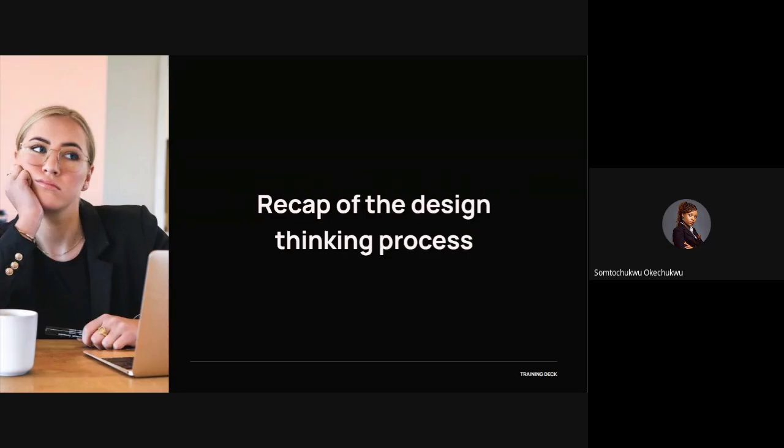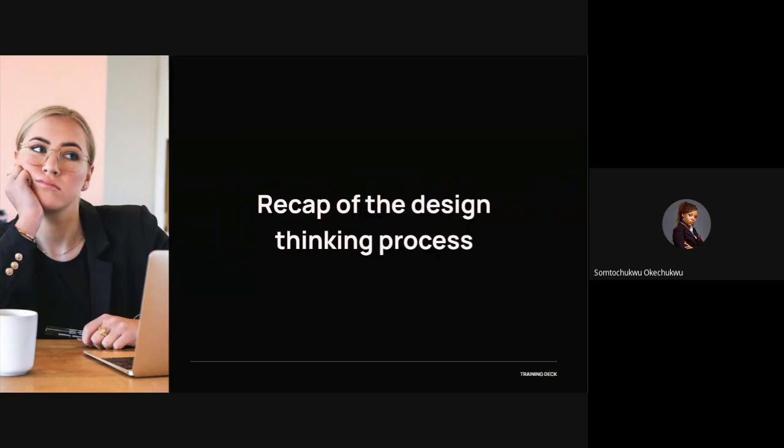So you all were right, it comes in at the empathizing stage. But if you remember what I mentioned when we were explaining what the design thinking process is, the first thing about it is that it's an iterative process. If I say it is an iterative process, it means that user research can come in at any point in the process. It's non-linear. Thank you so much, Joanne.